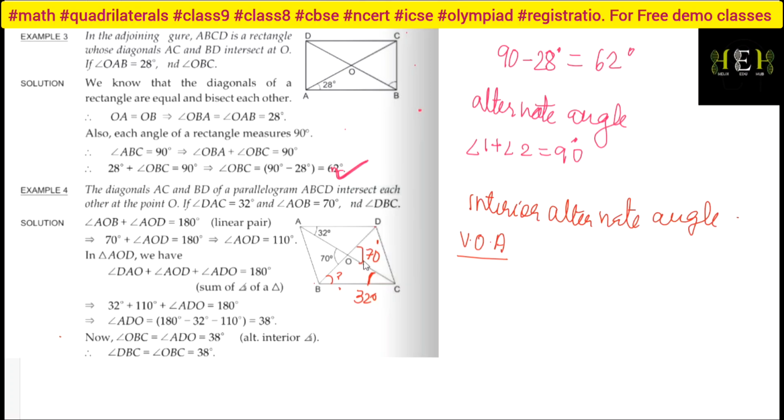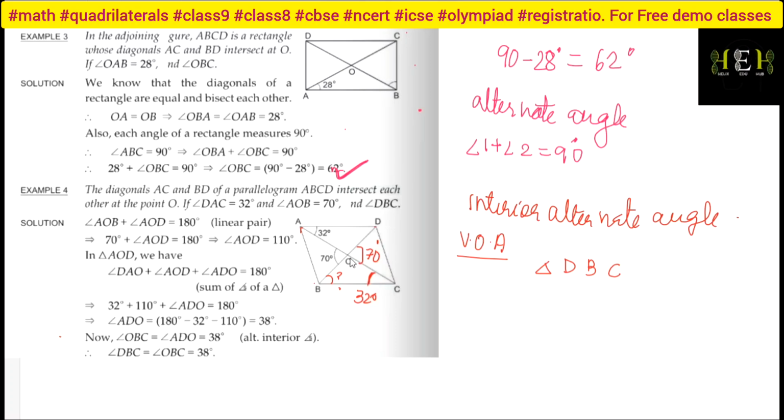Now I have to find this one. In triangle DBC, I only want this angle, right? Then only I can find this part.